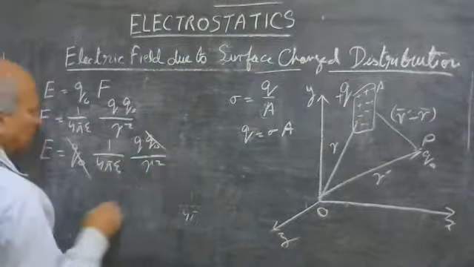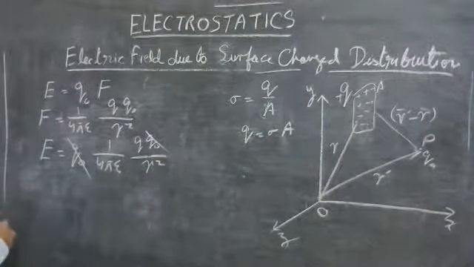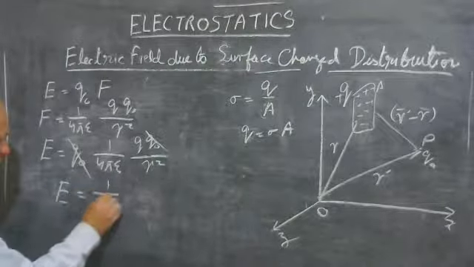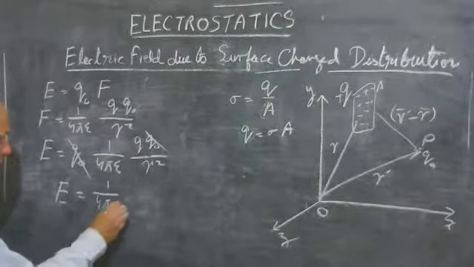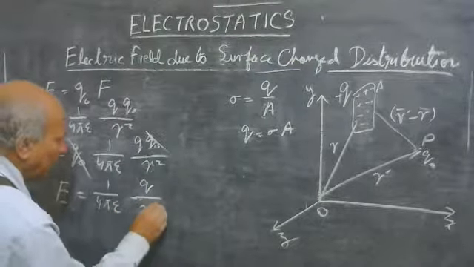This Q naught will cancel. Now electric field E is equal to 1 upon 4 pi epsilon naught Q upon R square.